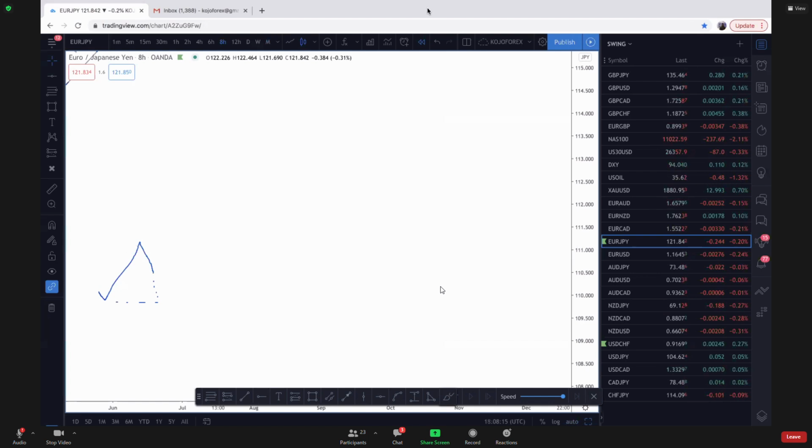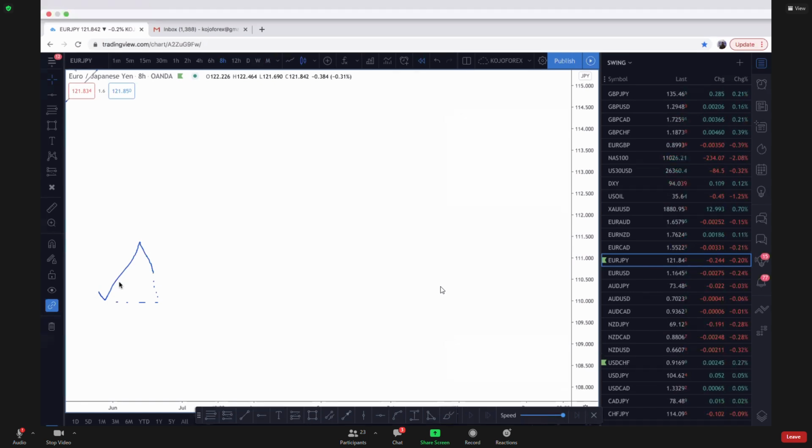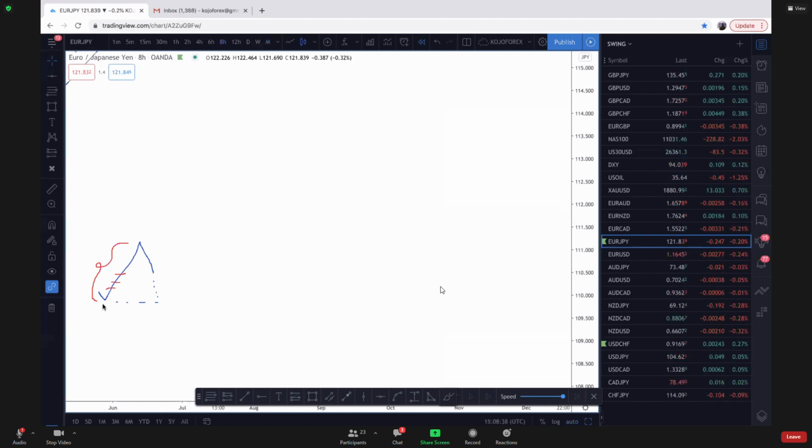Here could be 60, here could be 70, 80, 90, 100, and so on. So if the market trades all the way to this point, we could say it has pulled back 50% of the initial move, right? That is the role of Fibonacci, but we'll get into it. I'm just using this as a skeletal explanation.